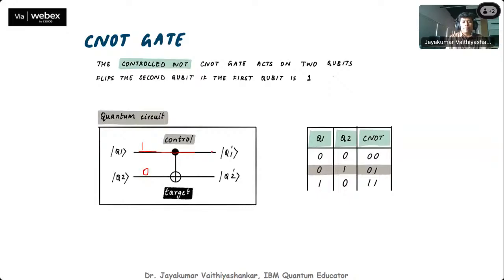Power supply will come down and activate the NOT gate. This 0 is converted into state 1. Please always mention the state. So whenever Q1 is 1, it will flip Q2. Are you able to get the idea? This is the logic.